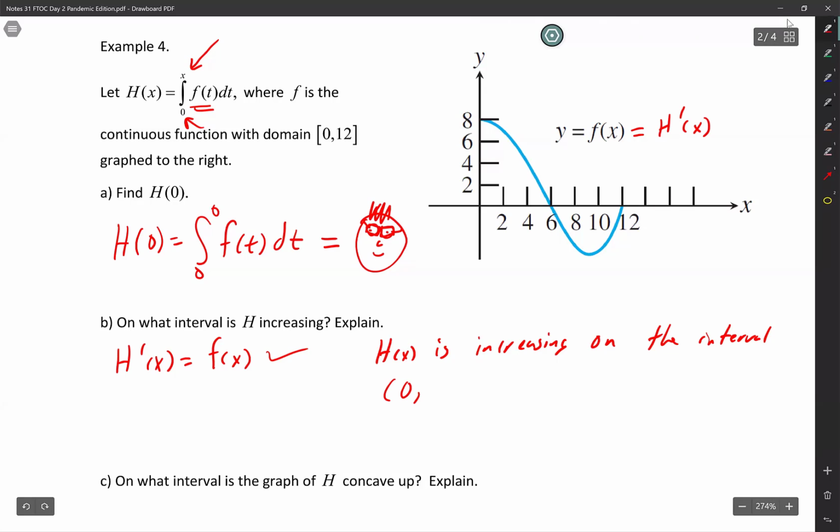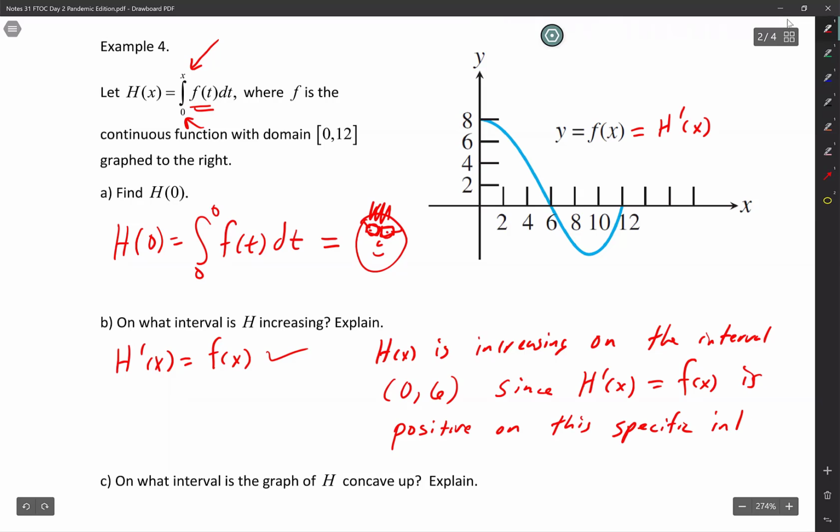It doesn't really matter on this. 0 to 6. Since H prime of X, which equals F of X, is positive on this specific interval.